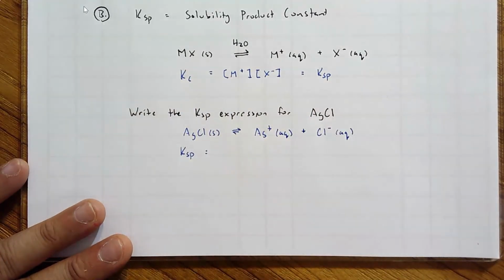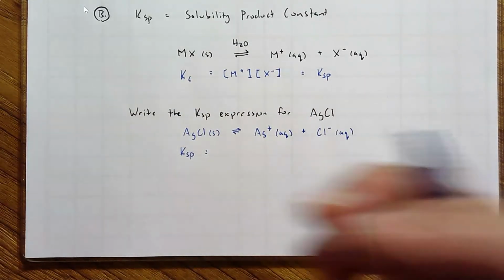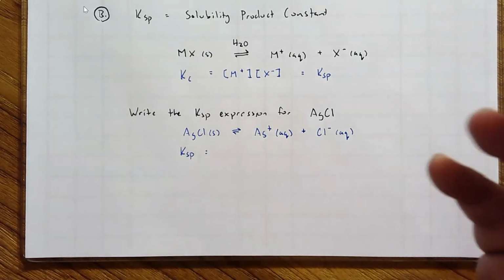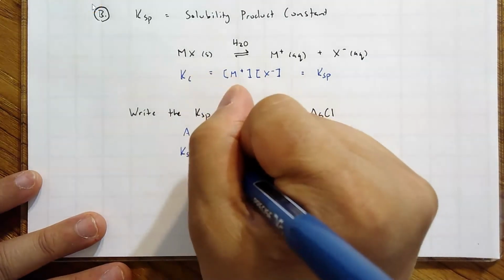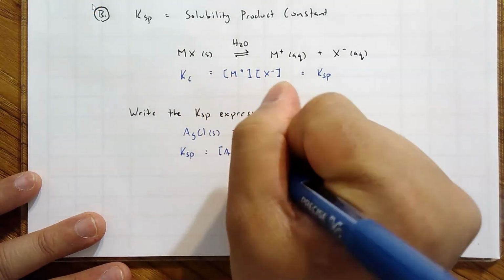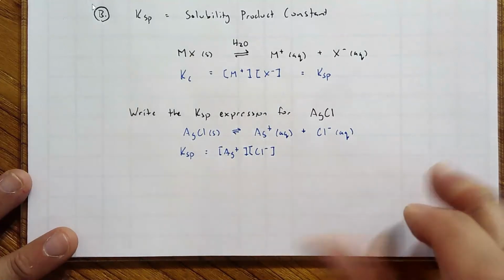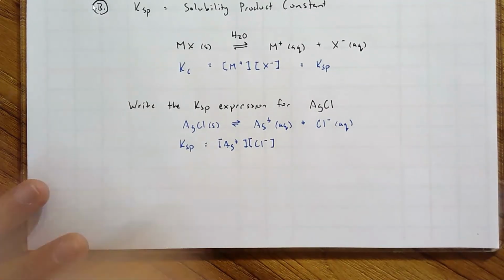This is from General Chemistry 1 when you were doing net ionic equations, breaking up compounds into their ionic parts. Ksp is the concentration of Ag+ times the concentration of Cl-. Not too bad.